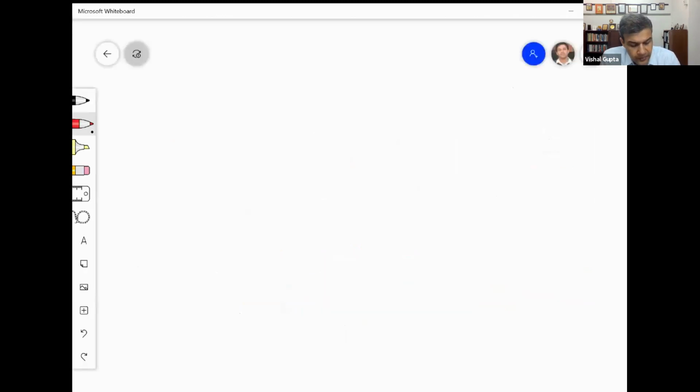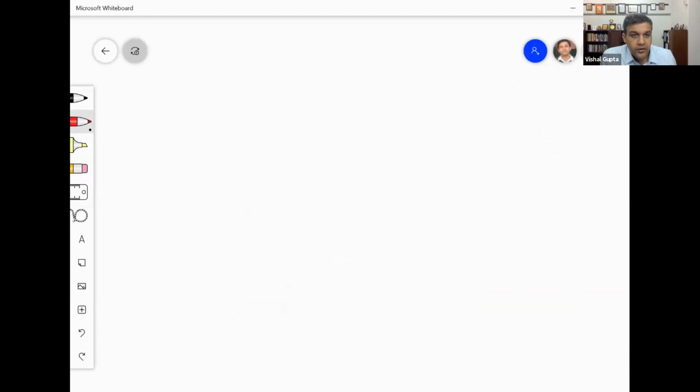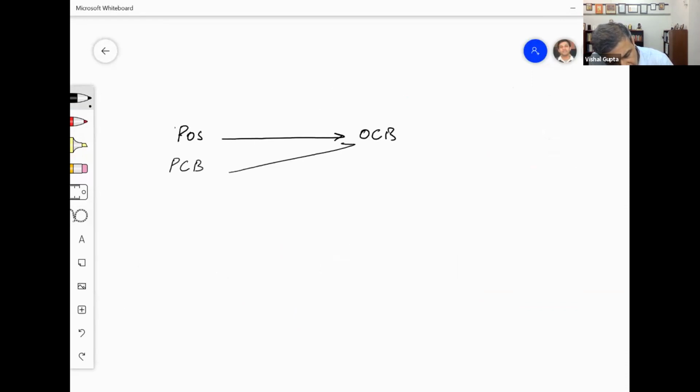The output of our model tells us, if you are talking about POS to OCB, you have PCB also, and you have POS into PCB. The coefficient of POS here is 0.204.